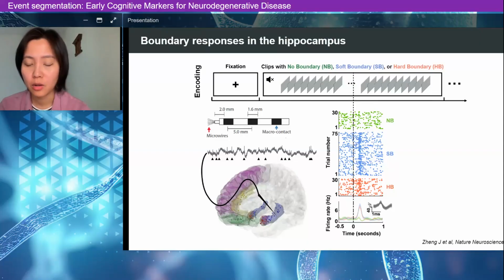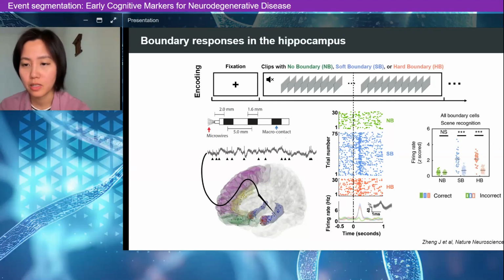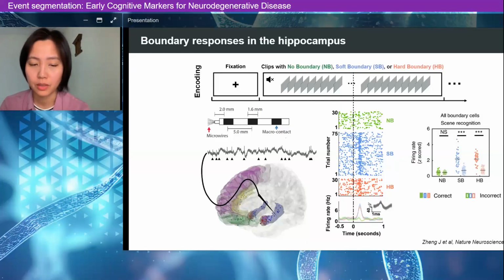And interestingly, the firing rates of those boundary neurons when responding to the boundaries are also predictive of subjects' subsequent memory performance. So during scene recognition memory, if the neurons fire more at the boundary during encoding, that is associated with correct recognition behavior later.